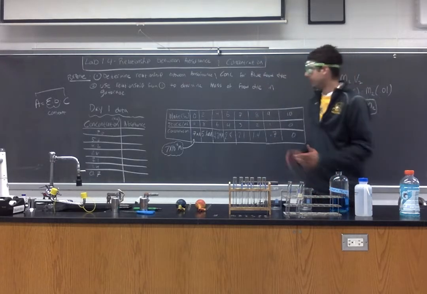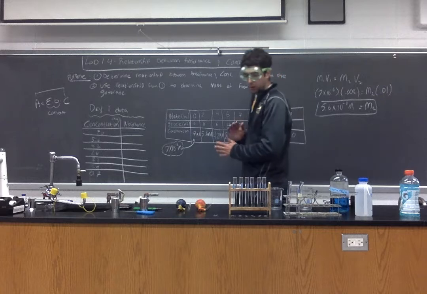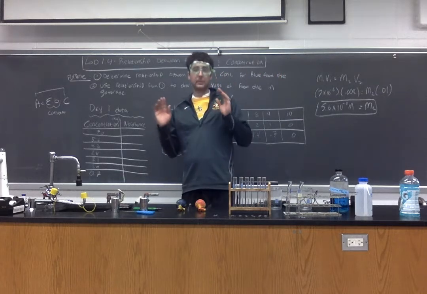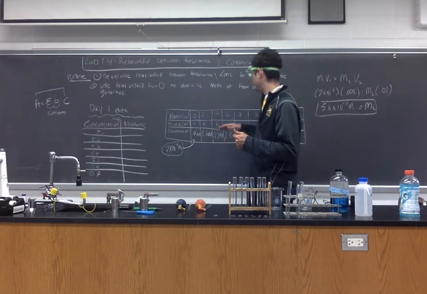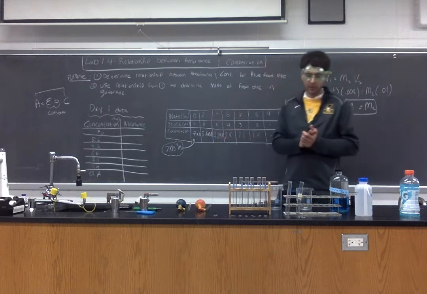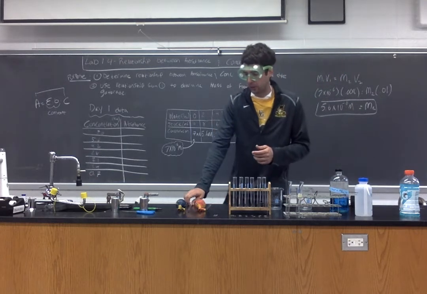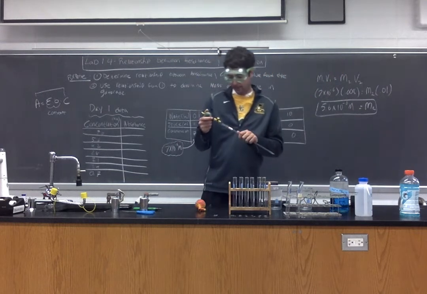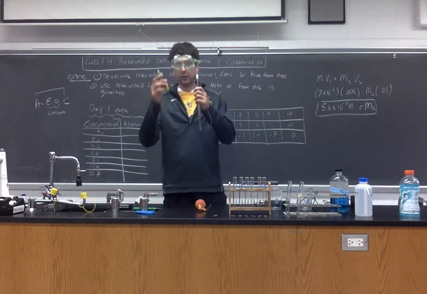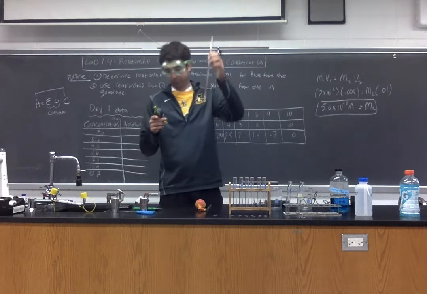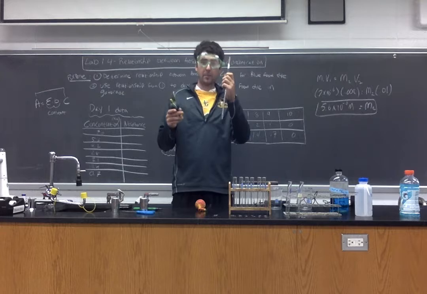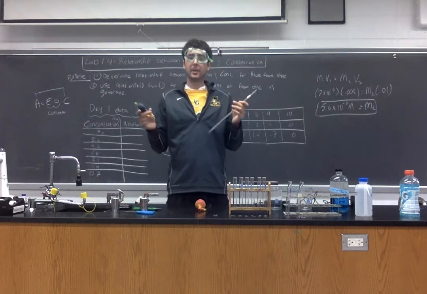Now, you can see here we need specific volumes of water and stock. What I'm going to do is use a device known as a volumetric pipette. So you can see here, here's a volumetric pipette with a pipette bulb. It's a little bit different.